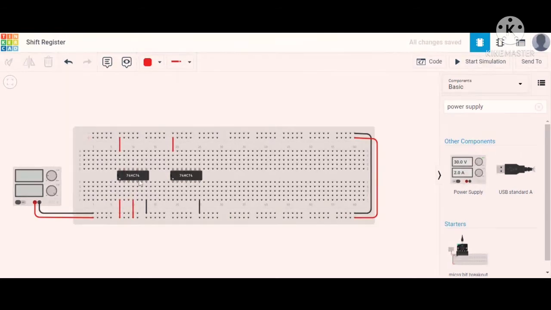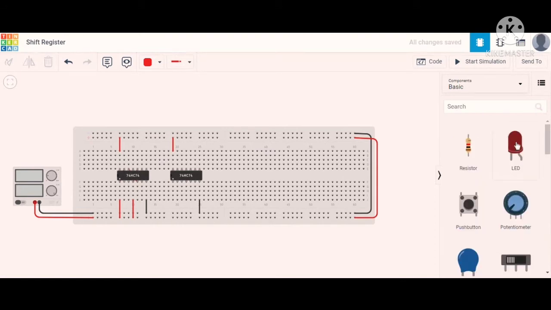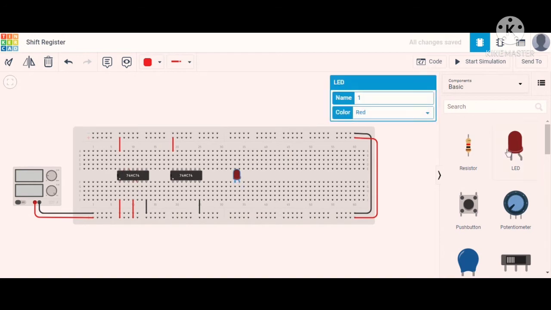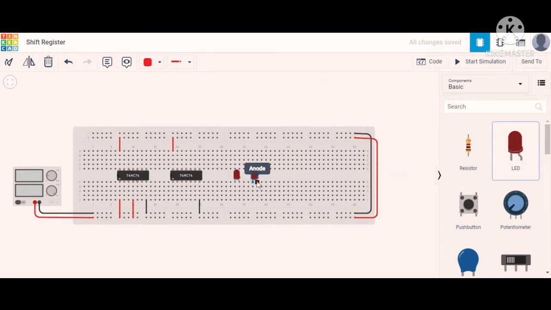So now what we do, this is the output of the first flip flop, that is connected to the input of another flip flop, this one. And here for the output we are now using the LEDs. These are the LEDs for the output.